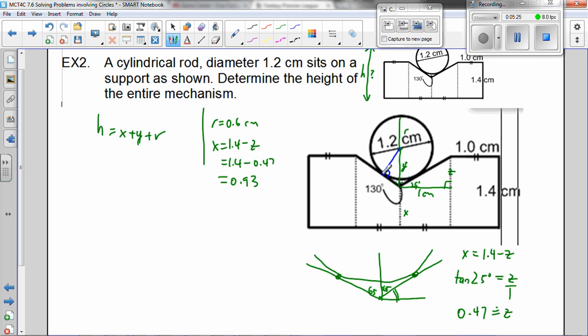Well, in this triangle, this blue line that I just drew is a radius, 0.6. And so then, if that's 65 and that's 0.6, I can use trig to find y. So here, now this diagram's no good for us.